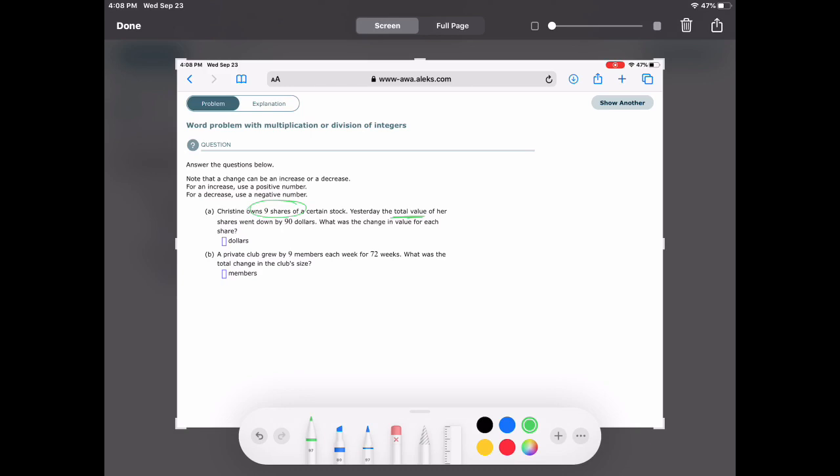So we're going to divide that because $90 is spread out over those 9 shares. Each share went down 90 divided by 9, which is $10 for each. So we're going to say negative 10, down $10 for each share.